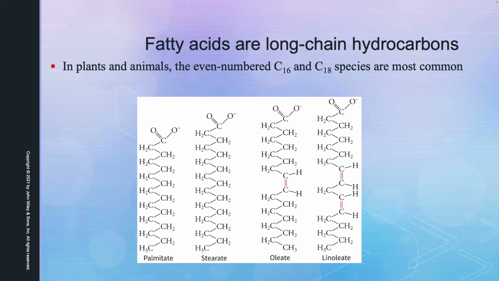And again, these fatty acids often have long hydrocarbon chains, and fatty acids are considered to be amphipathic, or polar and nonpolar. So amphipathic means that you have a polar and a nonpolar group. So the head is going to be a polar carboxylic acid group.